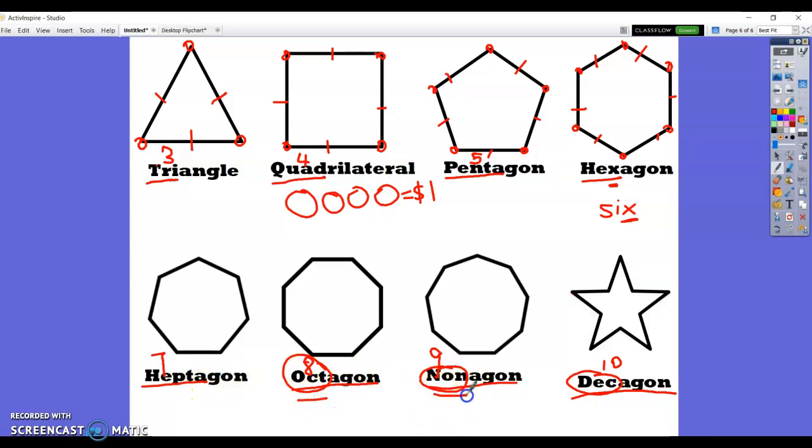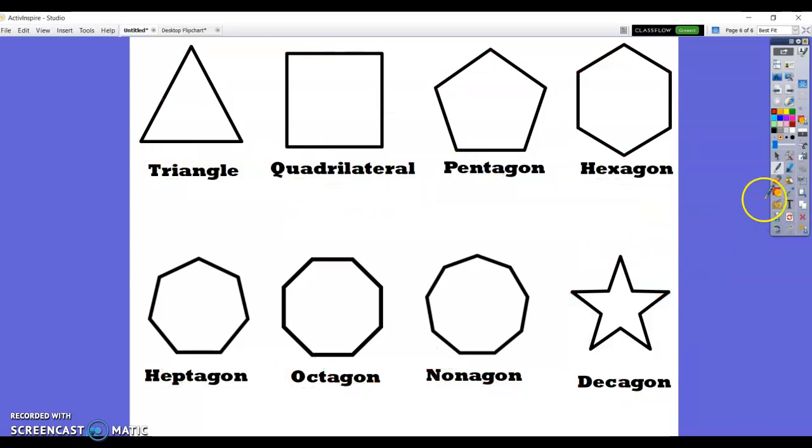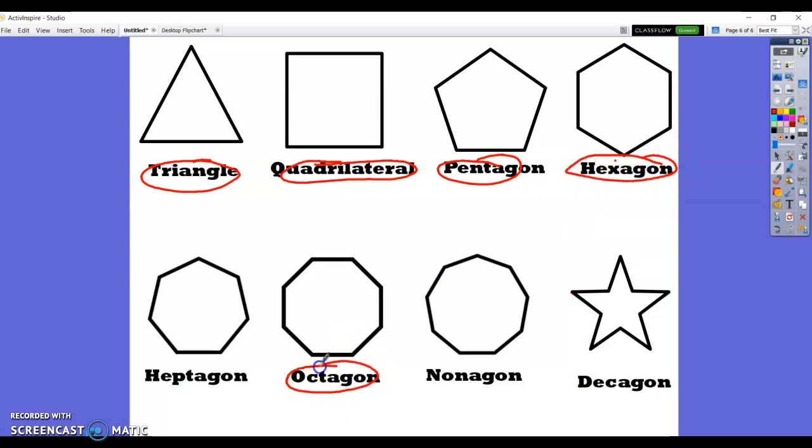Ocho, nueve, and diez. They all start with the same letter as these figures. The most common ones that you need to know for 3rd grade will be triangle, quadrilateral, pentagon, hexagon, and octagon. These 3 we don't use as often as these 5 here. So you need to know the names of these 5 figures at least.